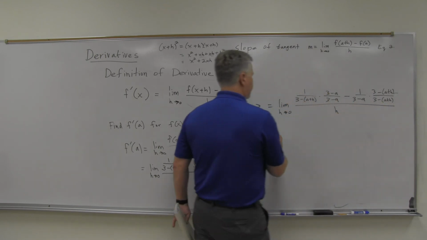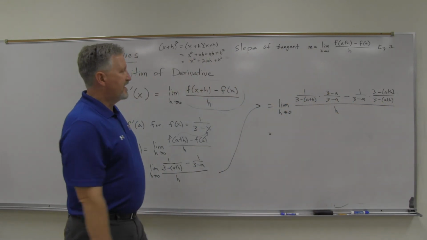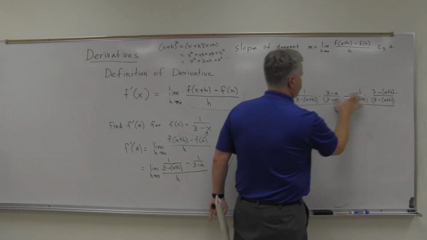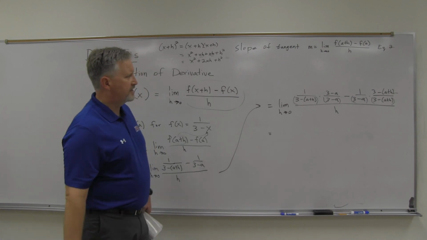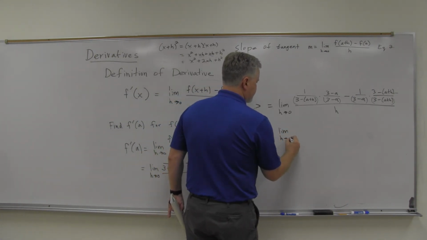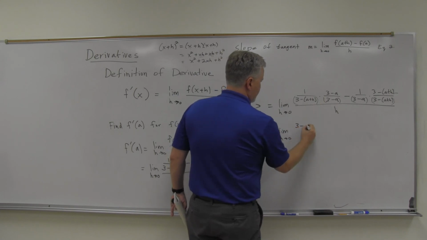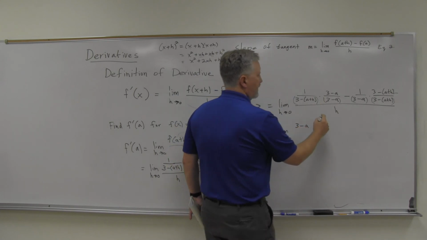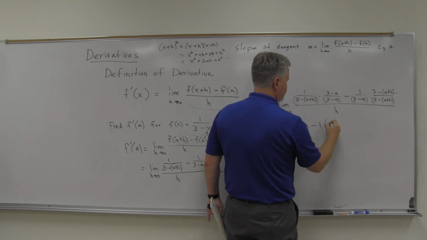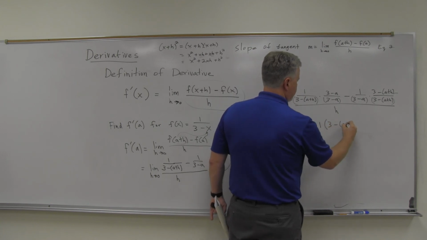If I write it all out there, it's kind of long, but that's going to give me, if I look at the denominators now on top, a common denominator, so I can combine numerators. So it'll be 3 minus a. A little tricky here, so let's write it this way. It'd be minus 1 times 3 minus a plus h.